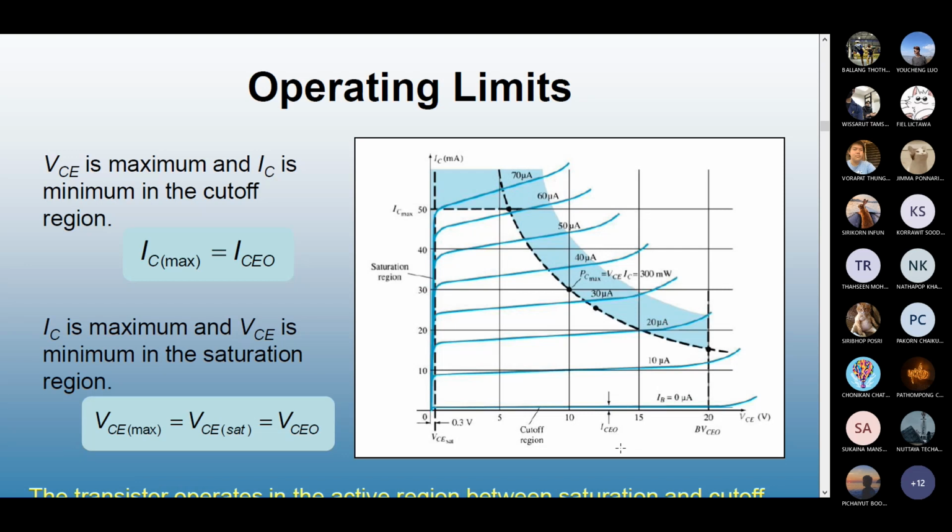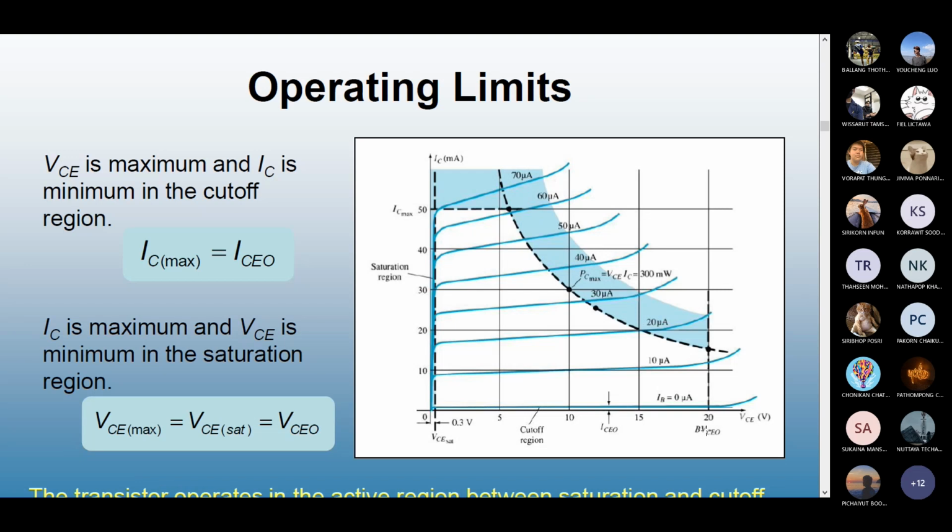There are some parameters here. ICEO means reverse leakage current, C to E, collector to emitter reverse leakage current when the base is open. And then you have a VCEO, which is the maximum allowable voltage from C to E before the BJT breaks down.